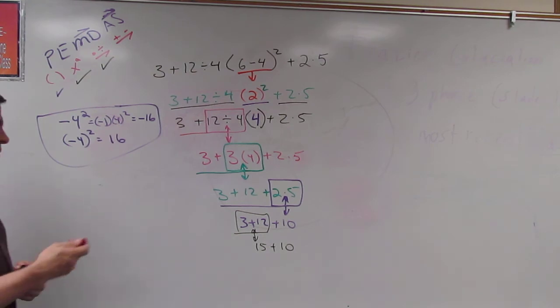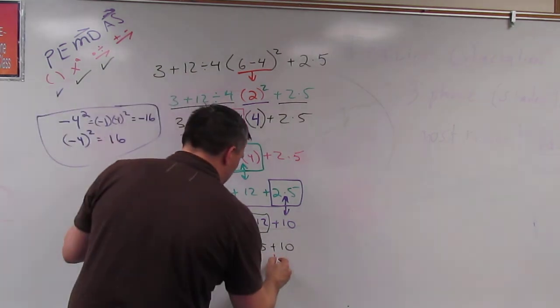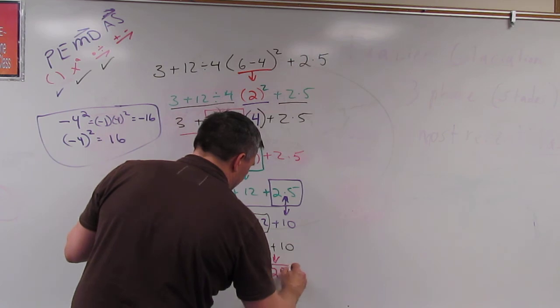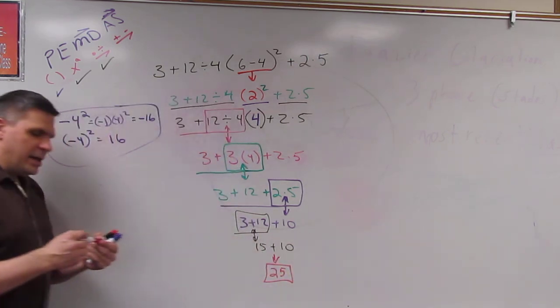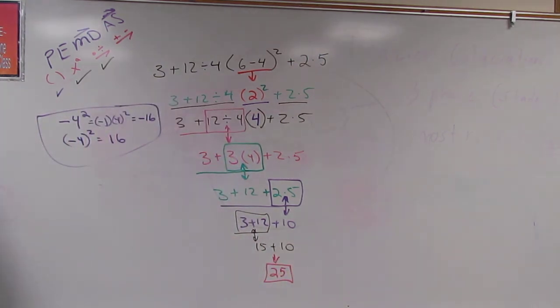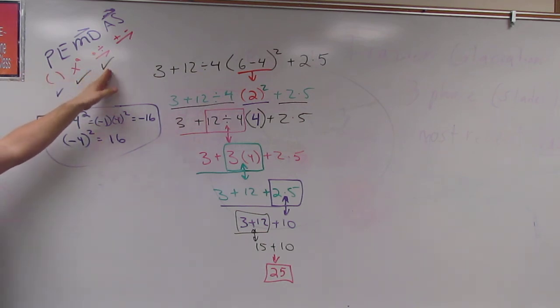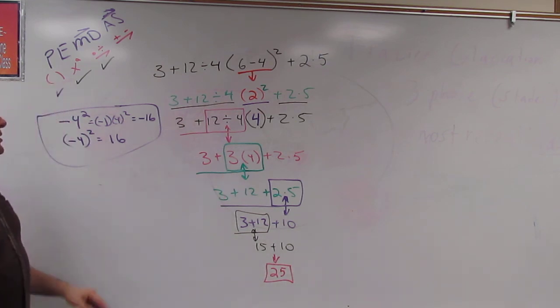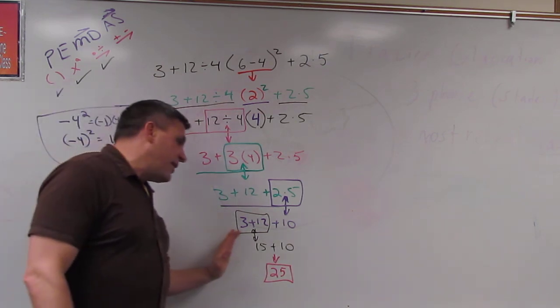And then 15 plus 10 is 25. And that is the order of operations. So you do your parentheses, then your exponents, and then multiplication, division from left to right, addition, subtraction from left to right.